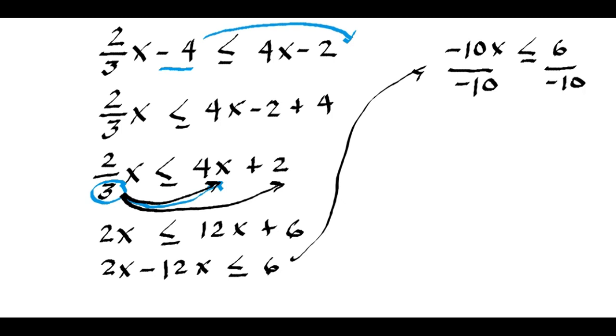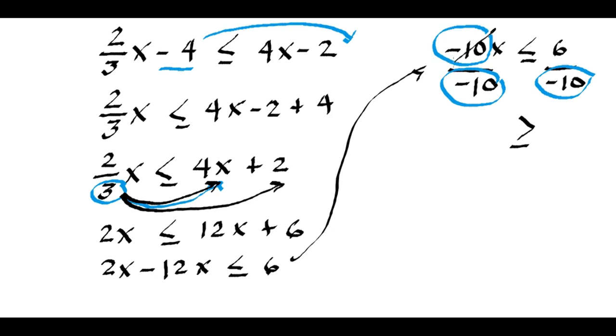Okay, so let's have another reminder here. So, dahil merong negative yung ating divisor na ginamit, magre-reverse din tayo ng ating inequality sign. So, i-reverse natin ang inequality sign natin from less than or equal to, magiging greater than or equal to.